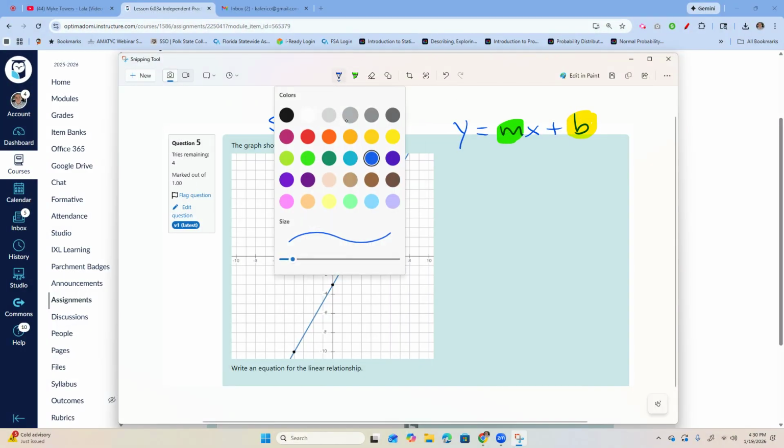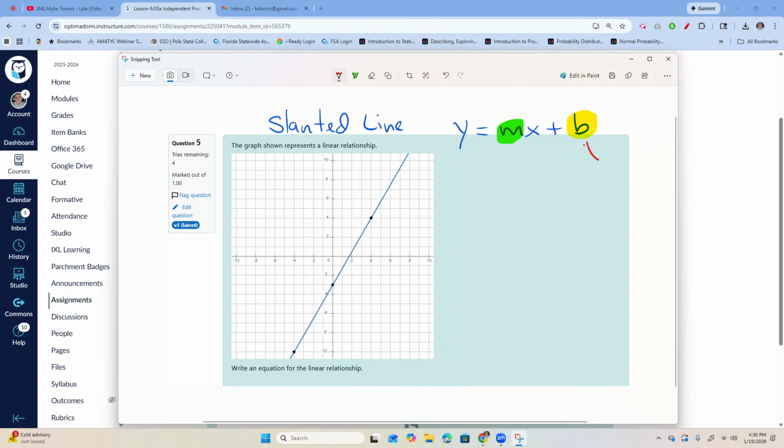Who is b? B is called the y-intercept. And what is the y-intercept? The point that touches the y-axis. And that's that point right there. That's my b. And that number is -3. So that means that my b is -3.